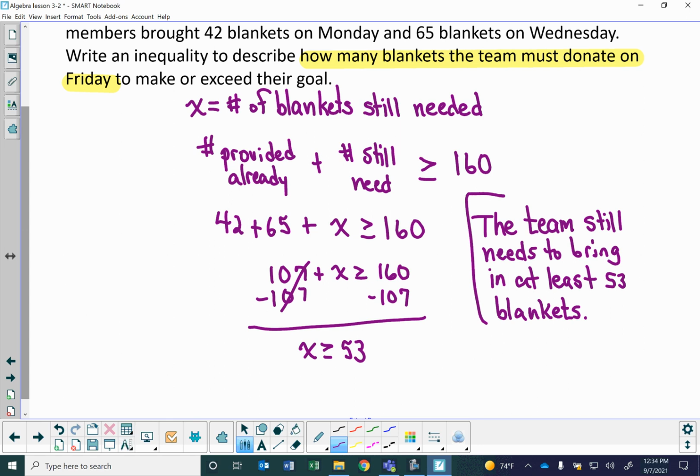And you're done with that problem. Okay, so we defined our variable. This is where your points would come from. You defined your variable, you wrote your inequality, you solved your inequality, and then you answered your inequality in a complete sentence. All of those are very, very important.